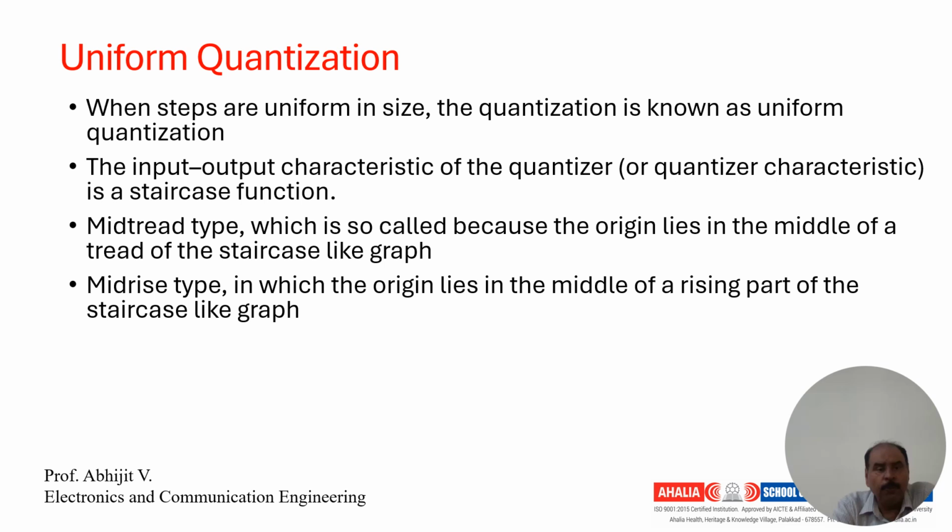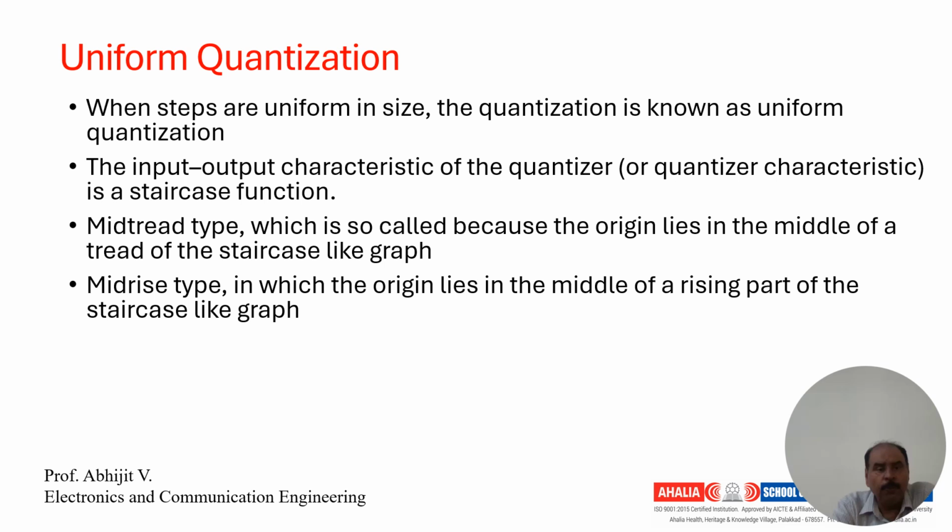So the signal to noise ratio after quantization of the input or message signal, denoted by SNR_Q, is given by 3 sigma M square by M max square into 2 raised to 2R.